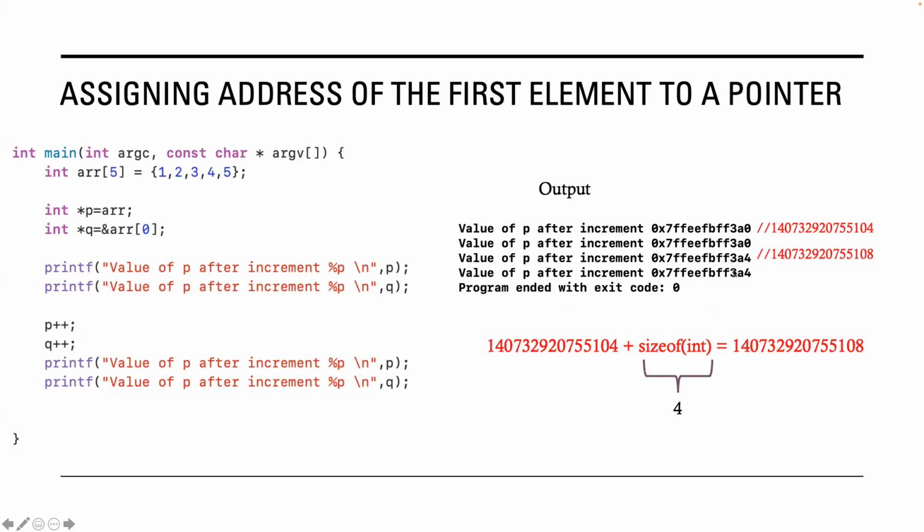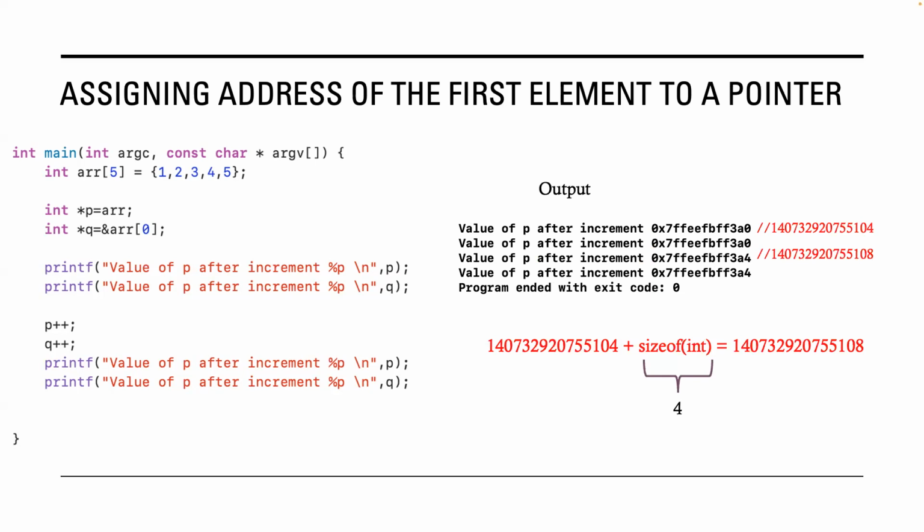However, after operating the increment operator on both pointers, I'm getting this one. So you can see it added the size of int, that means 4, to this address. So the size of int is 4.